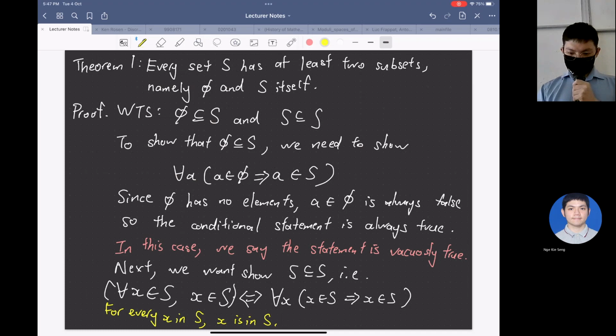I think this statement is clearly true. You agree? For every X in X, you take it out, it's always inside X. Anyone want to object? This is really true.